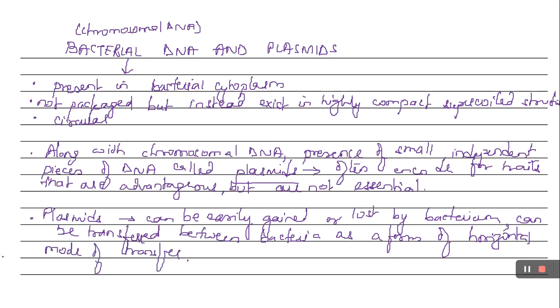So horizontal gene transfer. Got it? Through horizontal gene transfer by formation of a conjugation tube, the genetic material of the plasmid can be transferred from one bacteria to another.